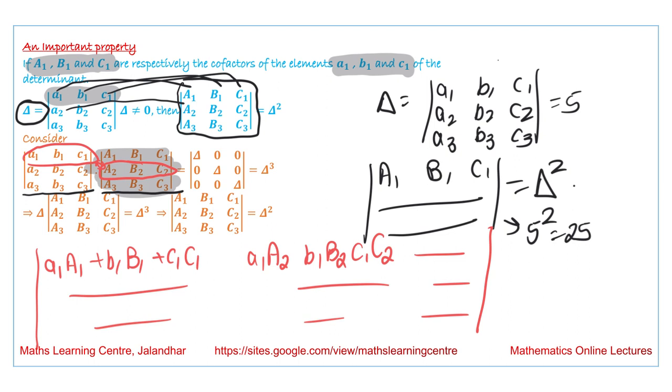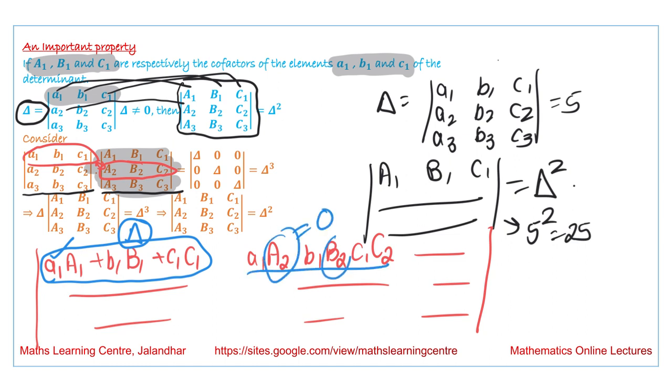Now, we know that we are multiplying the element with the corresponding cofactor. This will give us the value of the determinant. When the elements are multiplied with the cofactors of another row, the value will be 0. These are the cofactors, these are the elements, and we know that this value is 0, this is 0, and so on, and these values we have over here will be the determinants. So the final value we are obtaining is equal to delta cube.